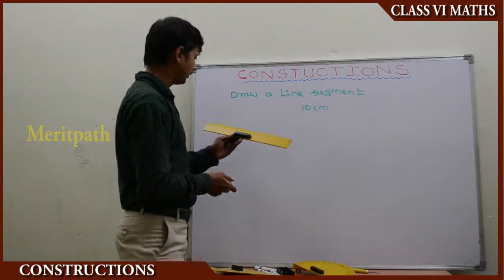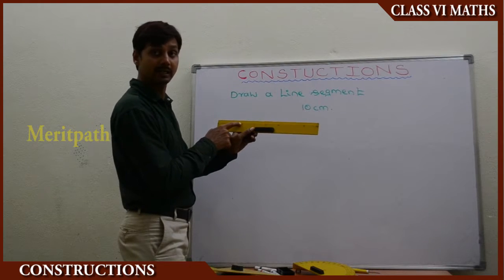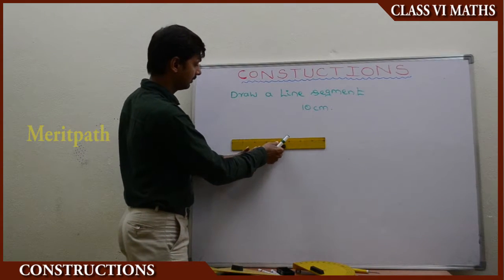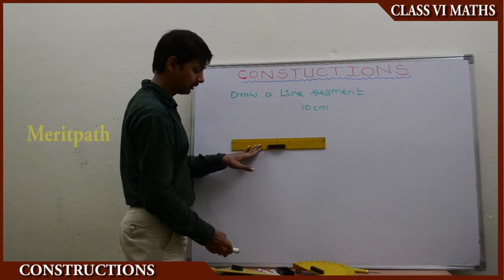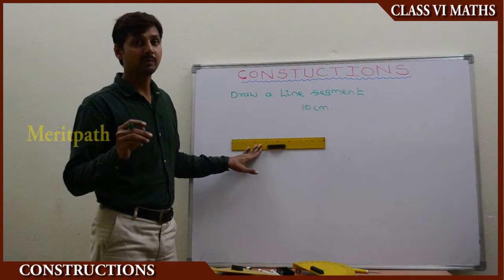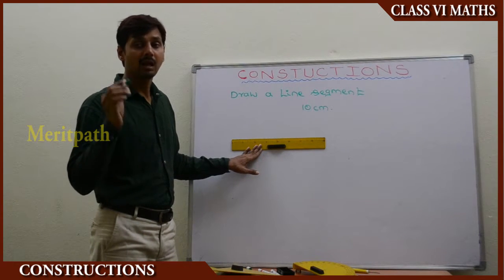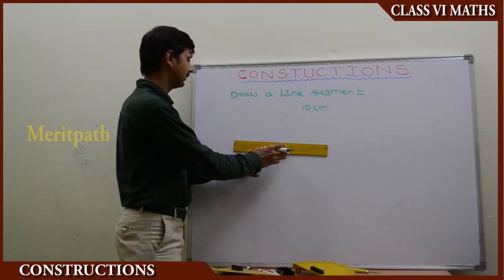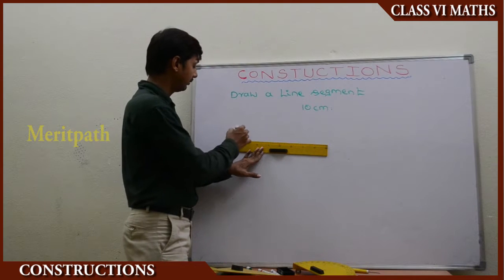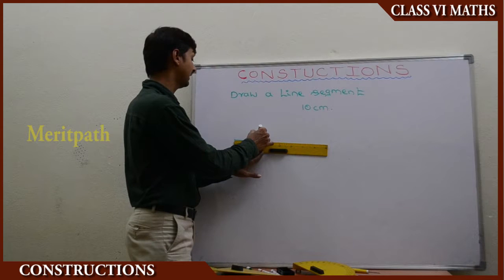So 10 centimeters is from 0 to 10. Let's draw. We'll take a scale and place it on the board or paper. We take a pencil, put a dot at 0, and draw till 10. So this is 10 centimeters.